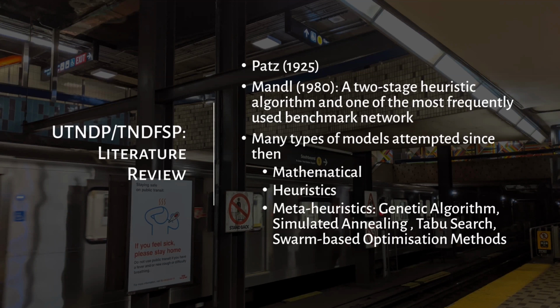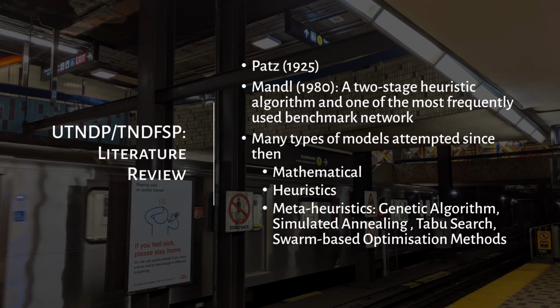Metaheuristics, on the other hand, are not specifically designed for transit networks, because they are really just optimization methods that have been widely studied and understood in computer science and mathematical optimization.